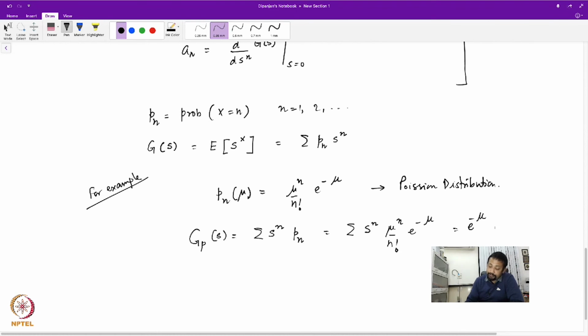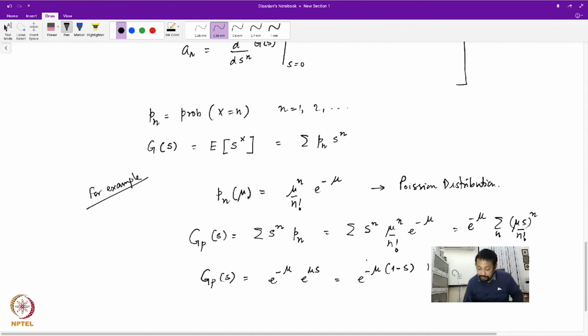The e to the power minus mu comes out, and we have (mu s) raised to the power n over n factorial, and therefore this is e to the power mu s. So your generating function is e to the power mu times (1 minus s). Your generating function for the Poisson distribution is just a simple expression, e to the power mu times (1 minus s).